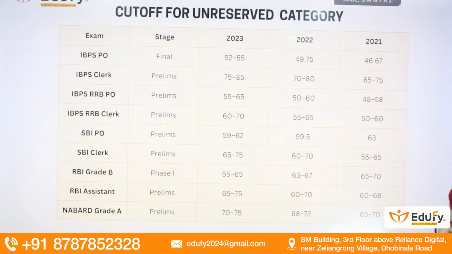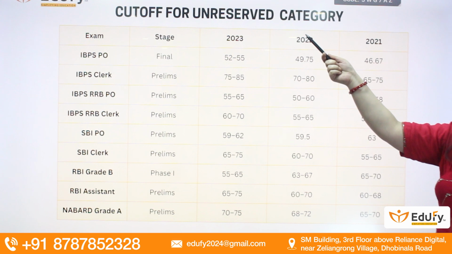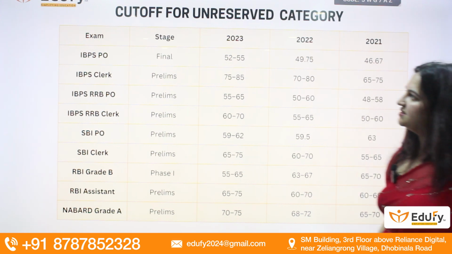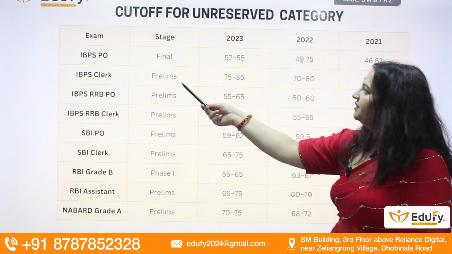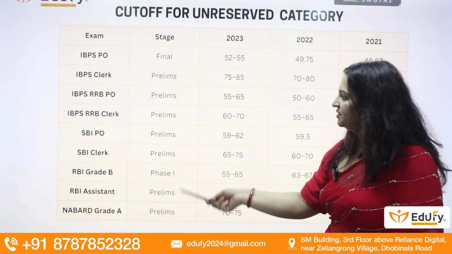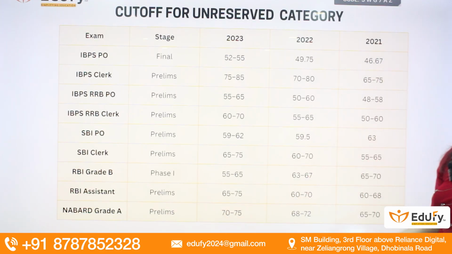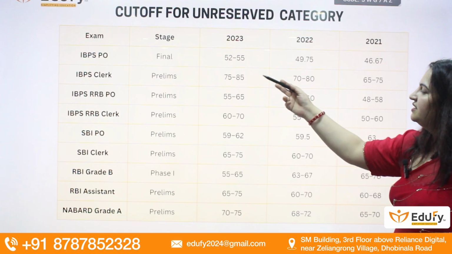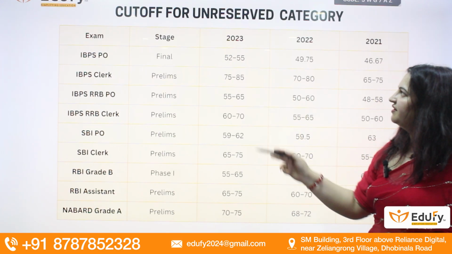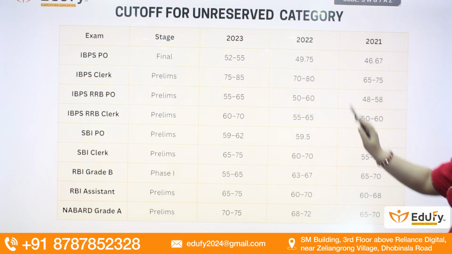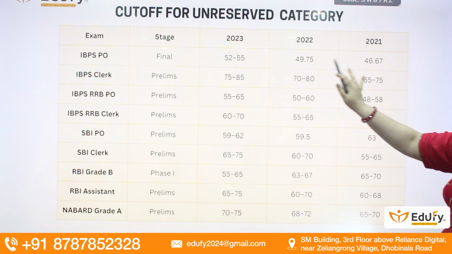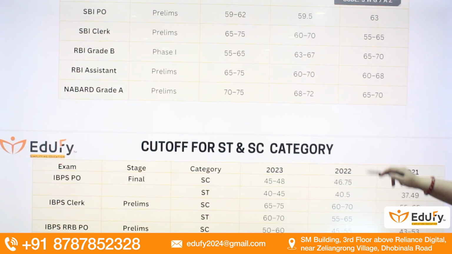Again, let's see the category-wise unreserved cutoff. This you can see for different final stages, prelims, phase 1, phase 1, phase 1. These are the cutoffs. You can see 52, 55, 75, 85, 55. These are the cutoffs for different exams. 22 lesser cutoffs, 21 even lesser cutoffs.